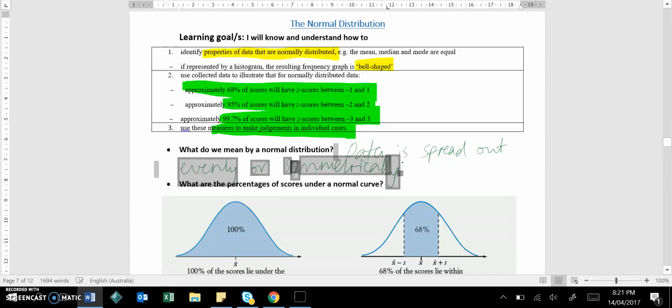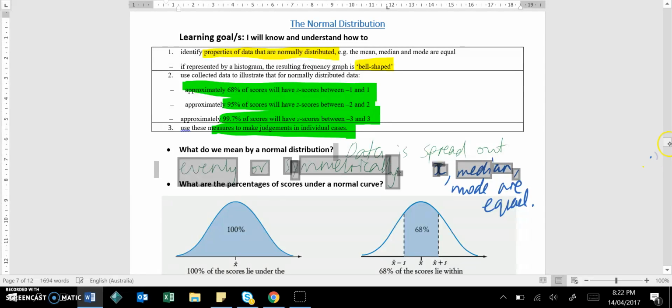Okay, so you can write that down. Data is spread out evenly or symmetrically, and what that actually means is that the mean, the median, and the mode are equal. Okay, and that's really important for you to understand.